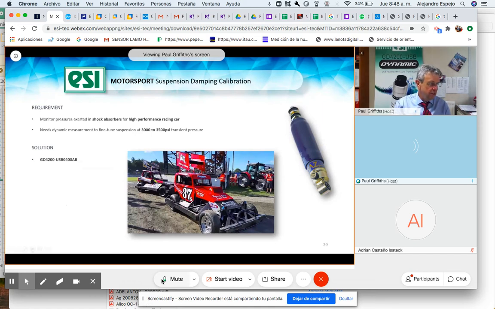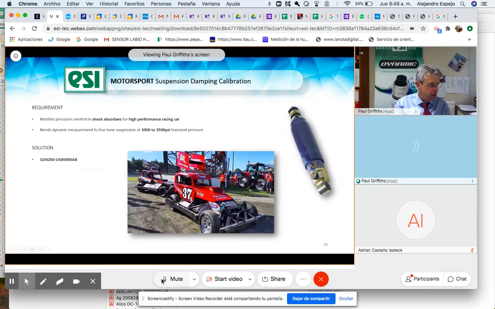This company in New Zealand were making suspension systems, shock absorbers we call them. Not sure what you call them; I know in America they call them something else, dampers. But these are shock absorbers that you can preset. They're for racing cars, and you can set them to a hard ride or a soft ride.